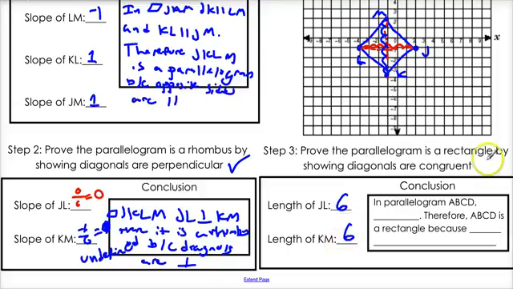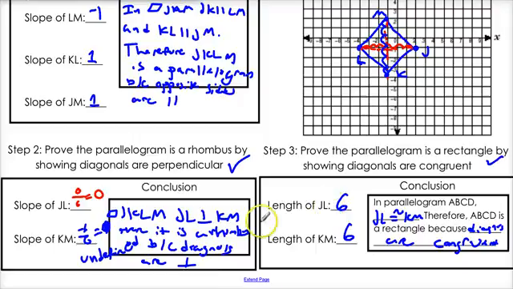All right, so we use the distance formula, and we know in parallelogram JKLM, JL is congruent to KM, and therefore it is a rectangle because diagonals are congruent.